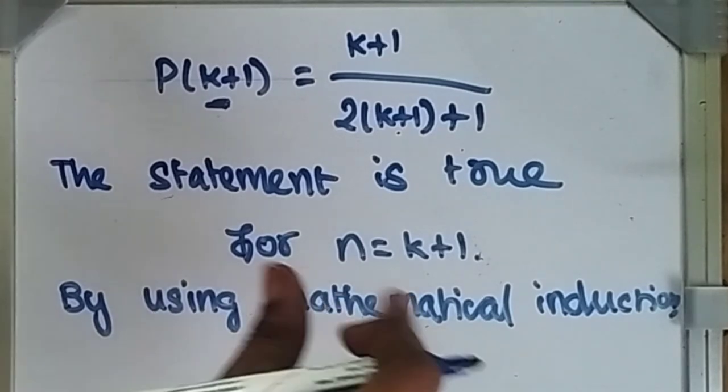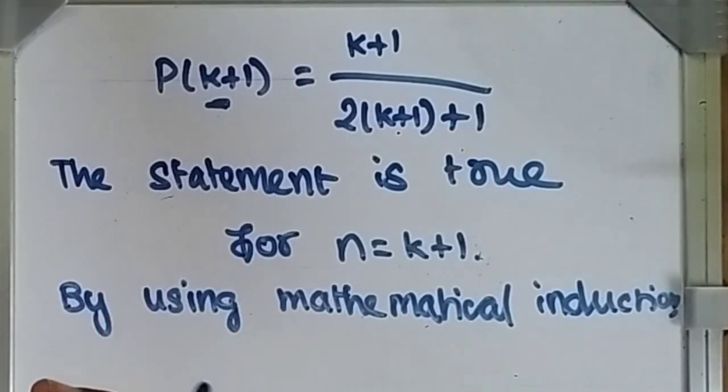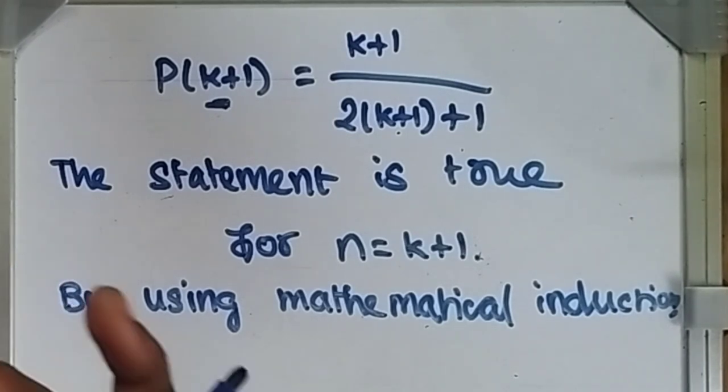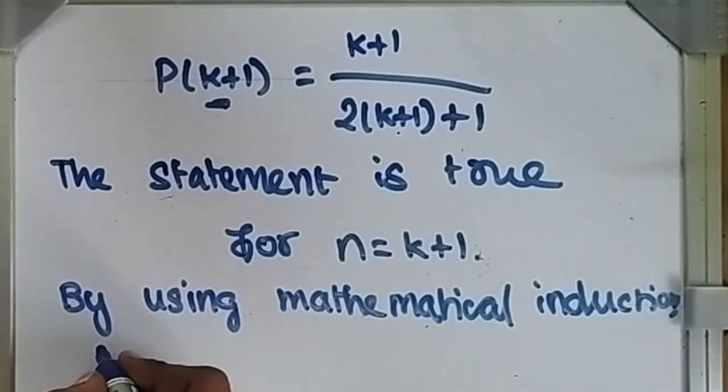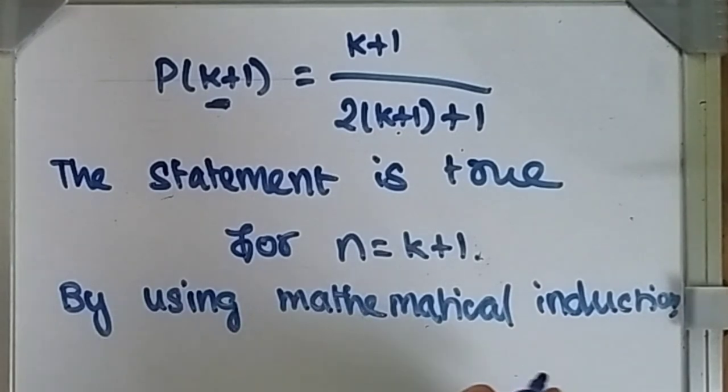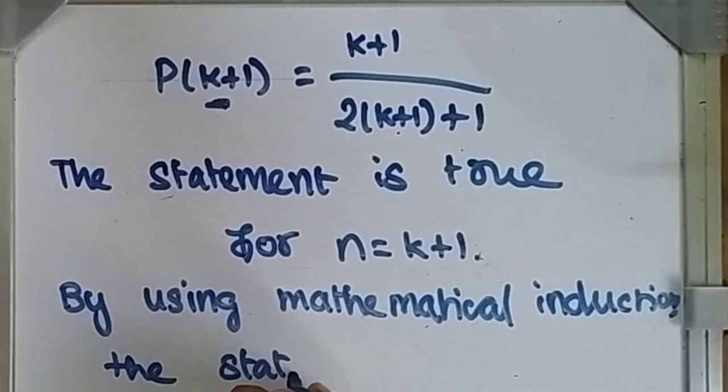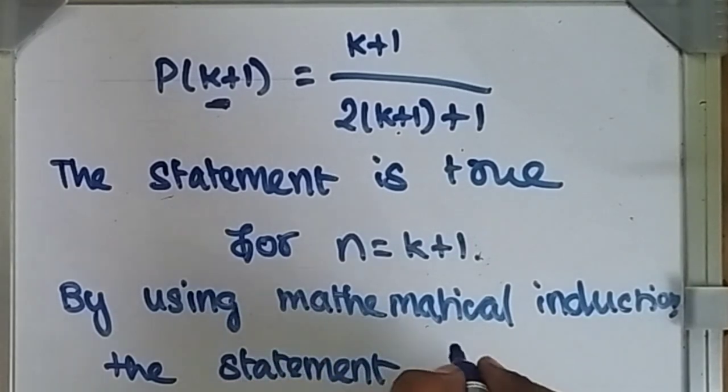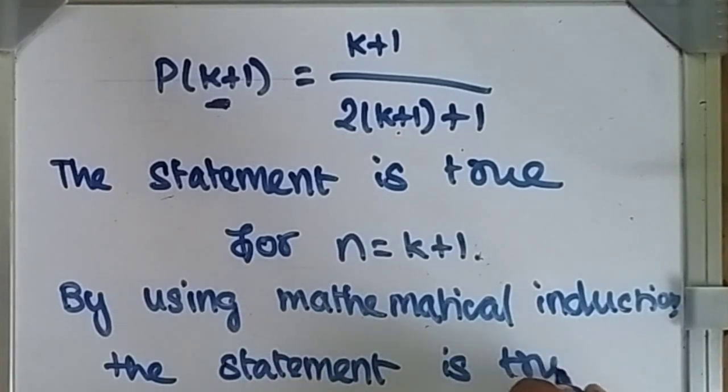Mathematical induction is, if we are provided with an equation, we have to make that equation true by substituting various values in this equation. So we can say by using mathematical induction, the statement is true for all n belonging to natural numbers.